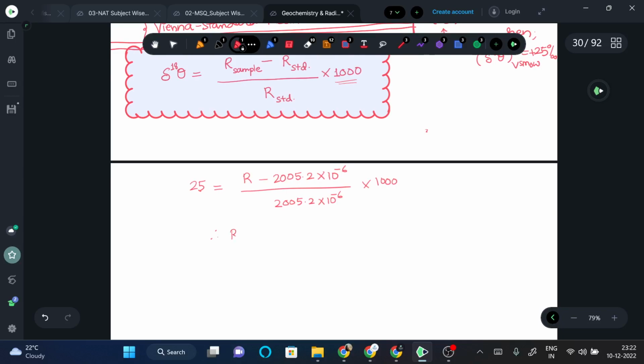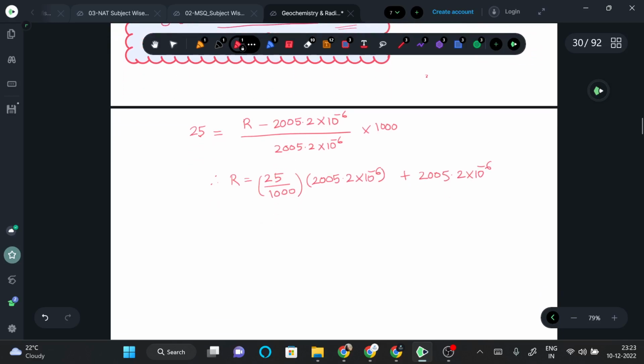Therefore, what will be R? R will be 25 by 1000 into 2005.2 into 10 to the power minus 6, plus 2005.2 into 10 to the power minus 6.